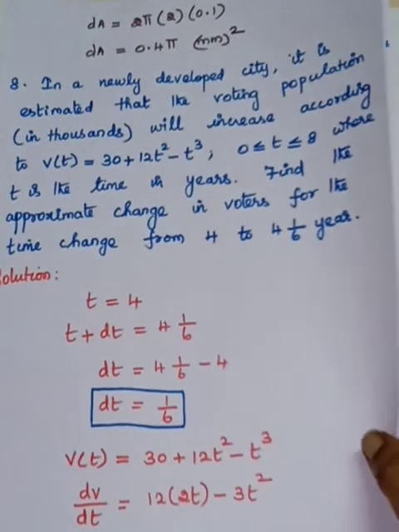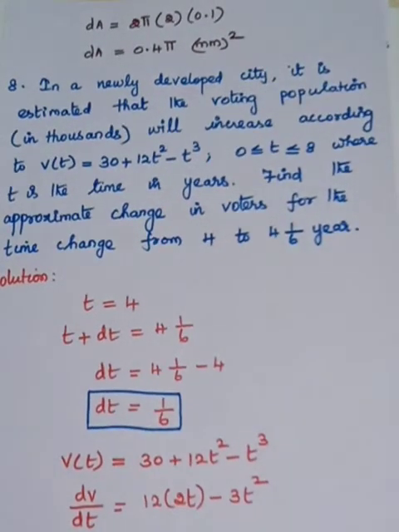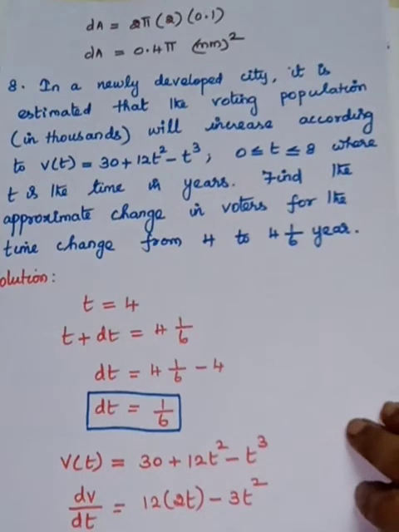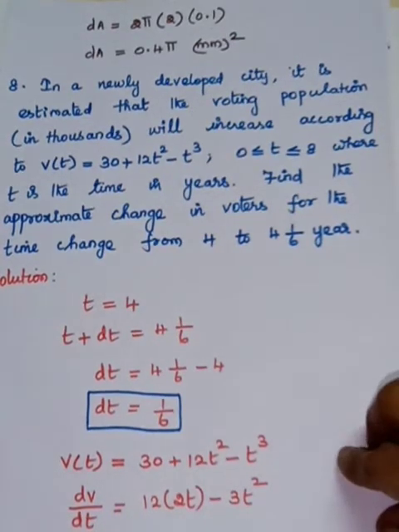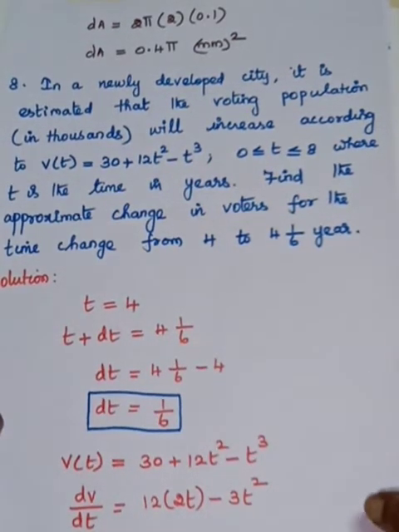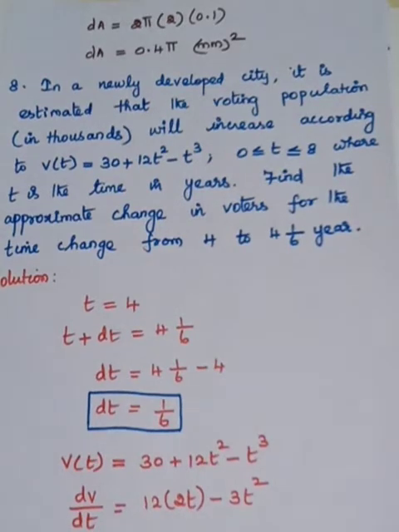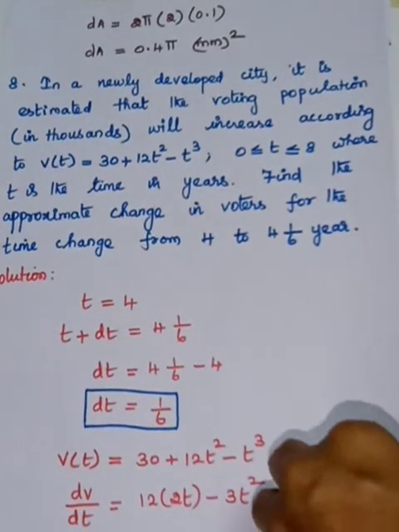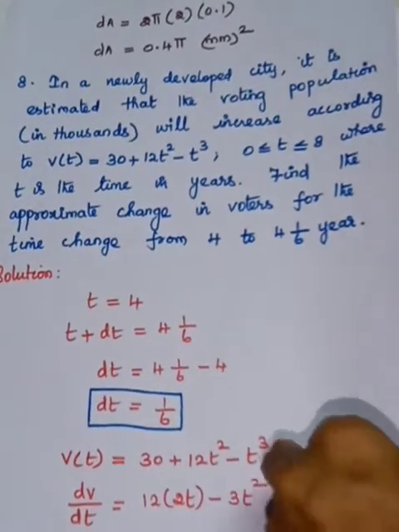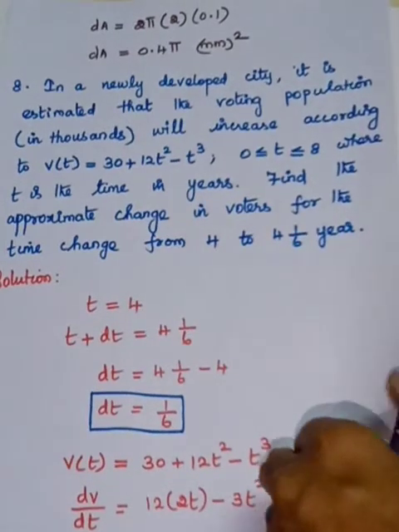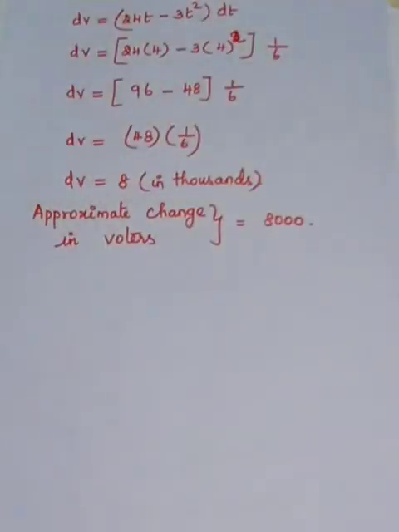So what is dV? 12 into 2, that is 24t minus 3t squared into dt. So dV is equal to (24t minus 3t squared) into dt.